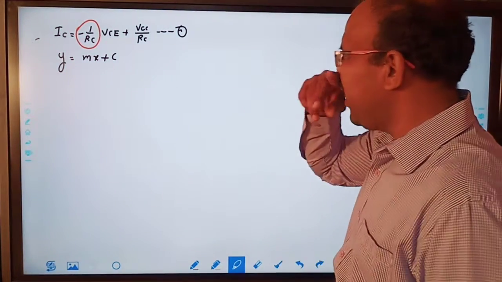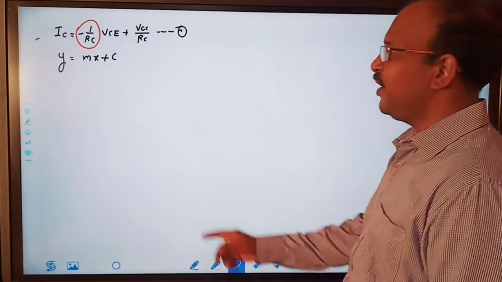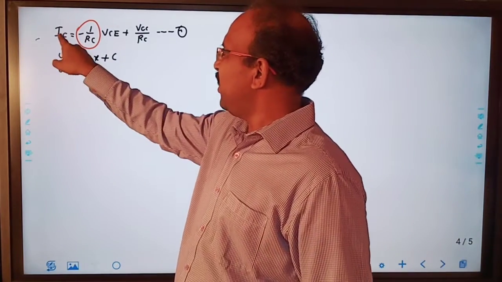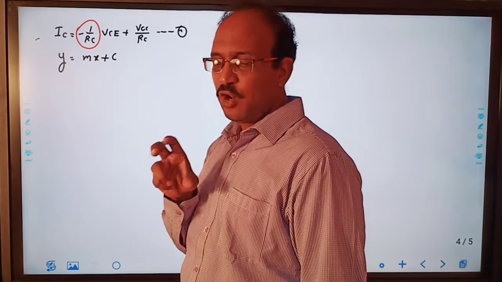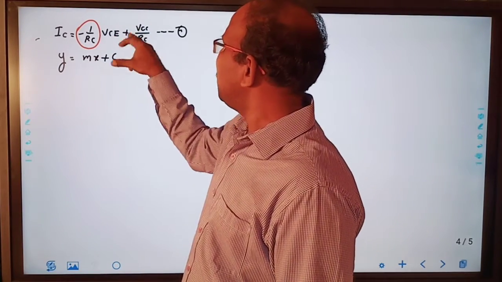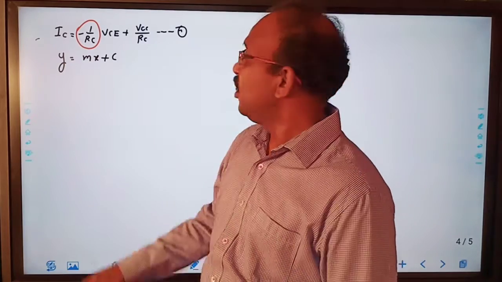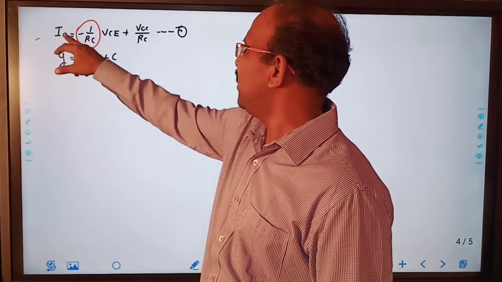I want to find out whether it is a line. If it is a line, then IC is a variable and VCE, the output, is also a variable, the drop across the transistor. VCC by RC is constant. So there are two variables, y and x, that is IC and VCE.